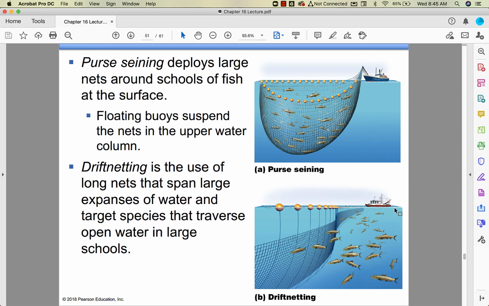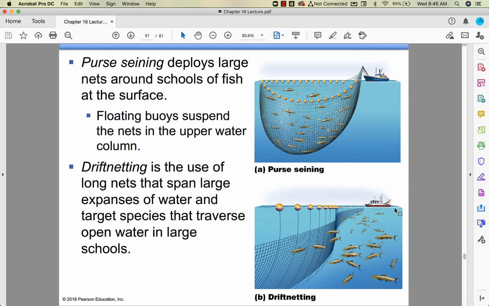Purse seining: if you've ever seen Finding Nemo, this is what they do at the end, where they put the net down and all the fish come in and they pull it up like a drawstring. Then Dory's in there and they all sing, just keep swimming, and they break the net.